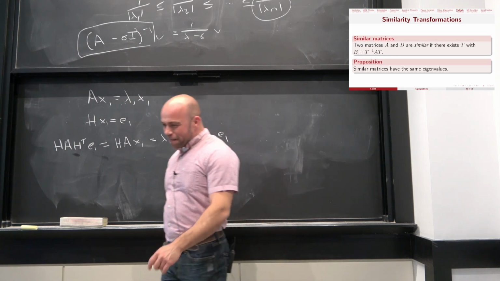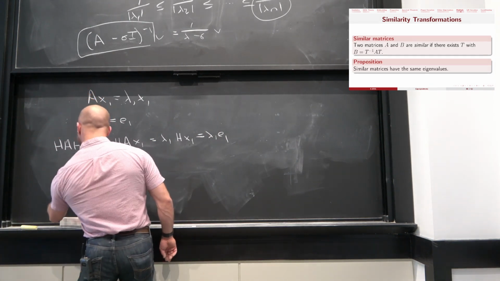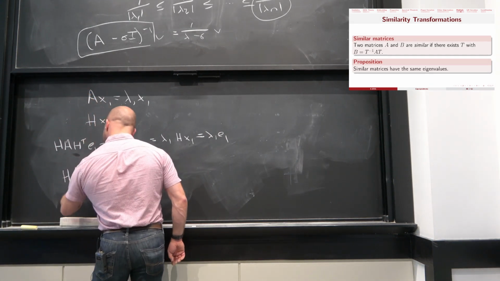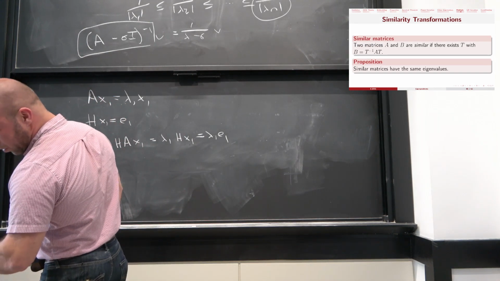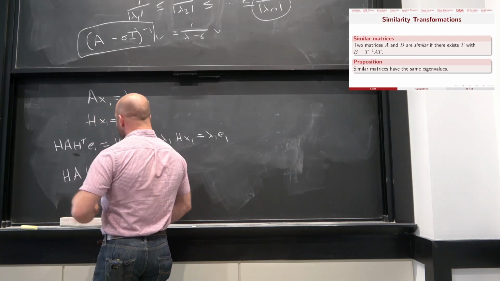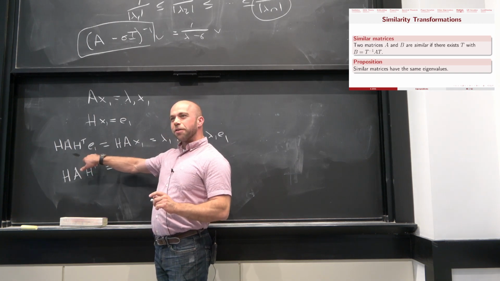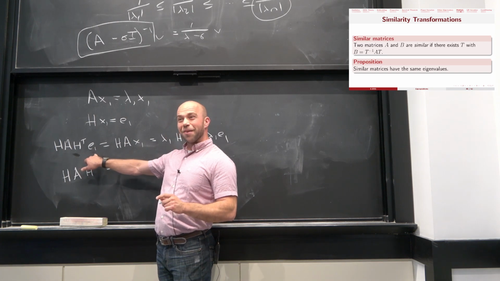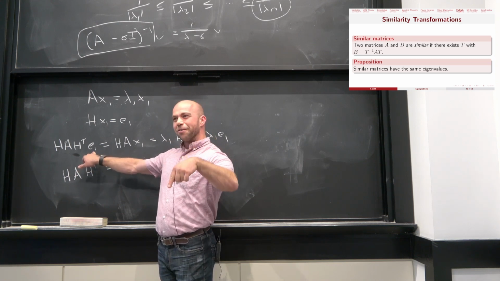Okay, so now for my next trick, I'm going to do the following. What is H A H transpose, just as a matrix? Well, the expression here essentially worked out its first column, right? Remember, if I take a matrix and multiply it by E1, I'm extracting the first column of the matrix.